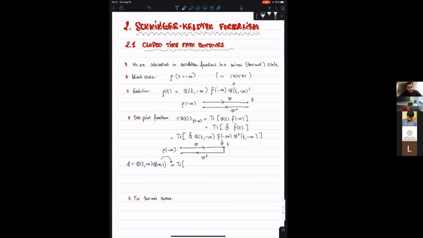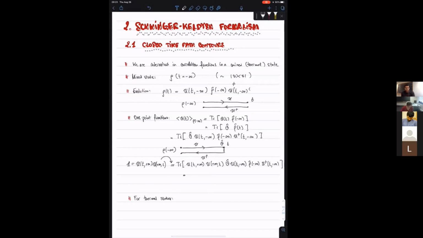So I will insert it here, U(t, +infinity), U(+infinity, t). And then we have this operator, U(t, -infinity), rho(-infinity), and U dagger(t, -infinity).